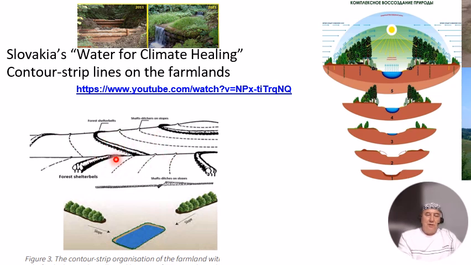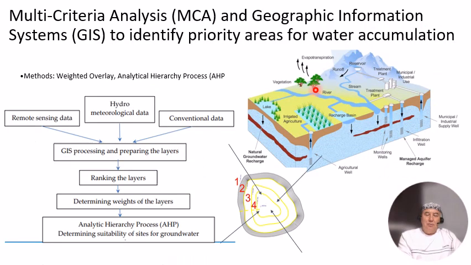If we have proper investigation of topography and proper contour strip forest lines, it could be a good strategy to keep the sustainability of the land.